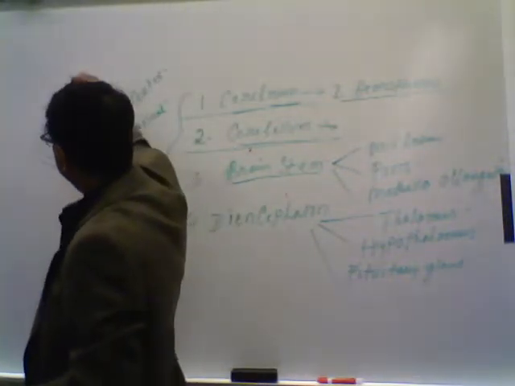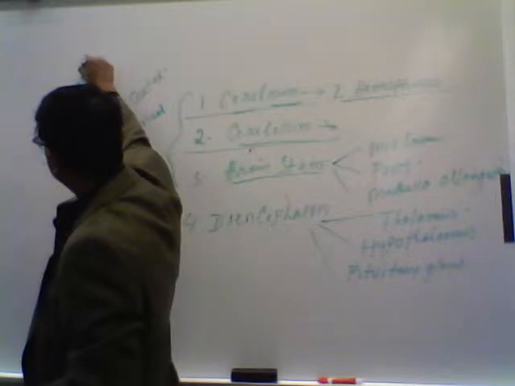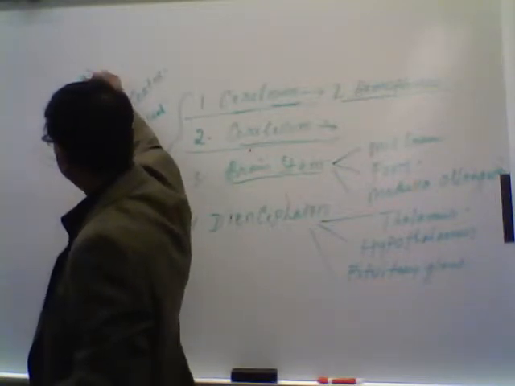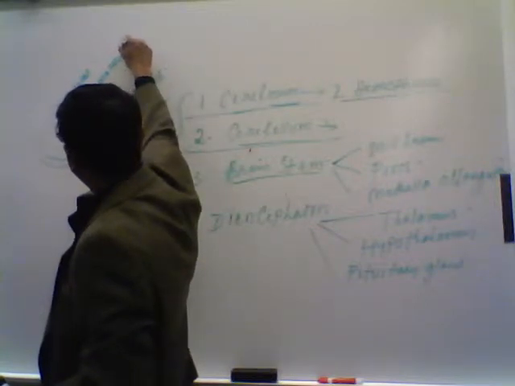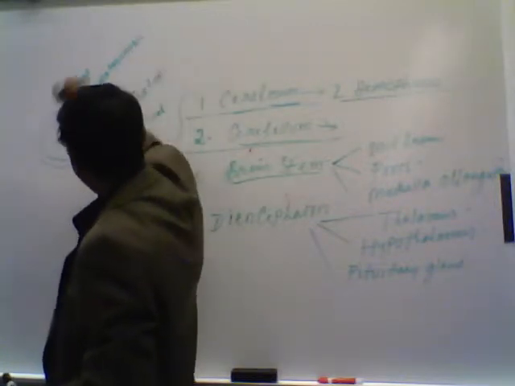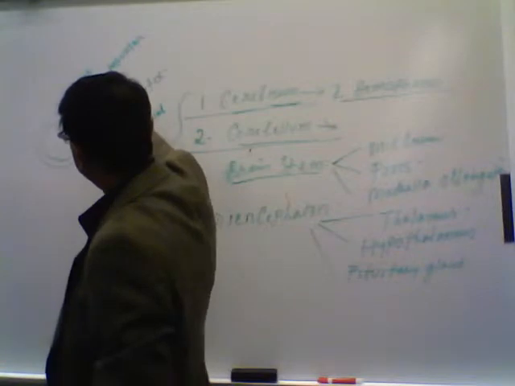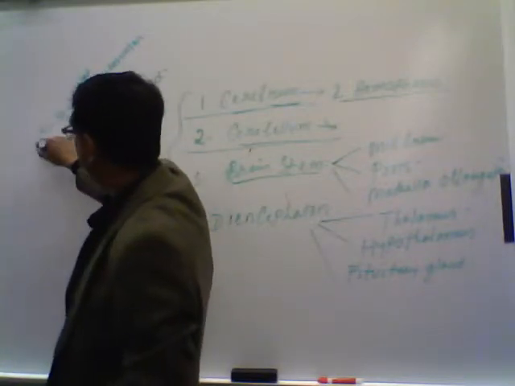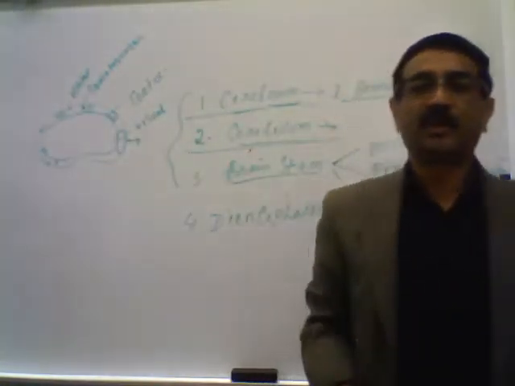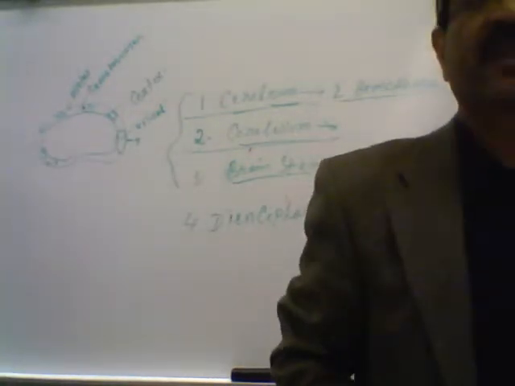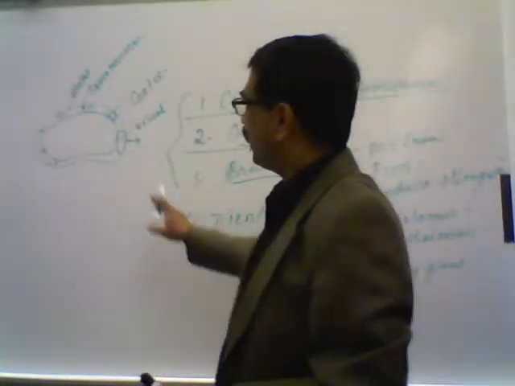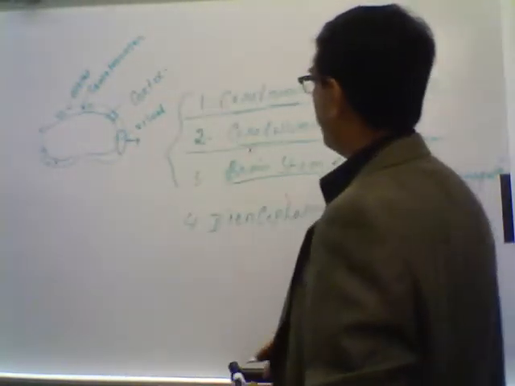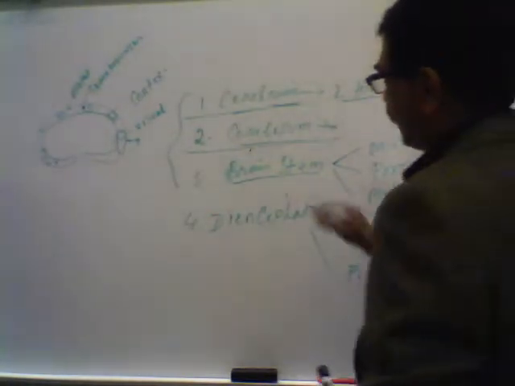Here you have motor area, primary motor, primary somatosensory. So just know that many functional areas are located in the cerebral cortex. We'll see the important functional areas later. Just know that that's the function of the cerebrum. Important functional areas are present in the cortex.